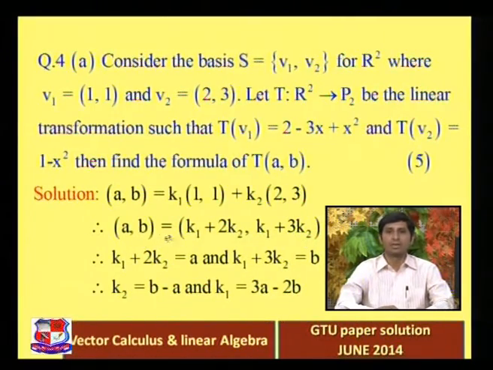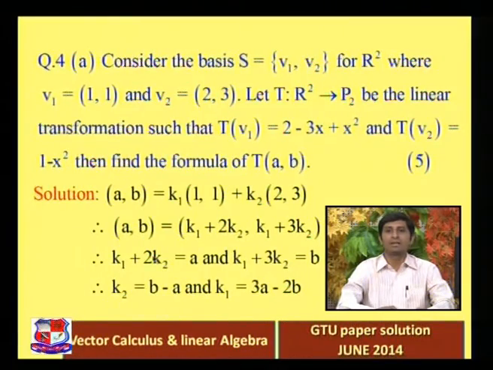So K1 plus 2K2 is equal to a and K1 plus 3K2 is equal to b. So K2 is equal to b minus a, right?